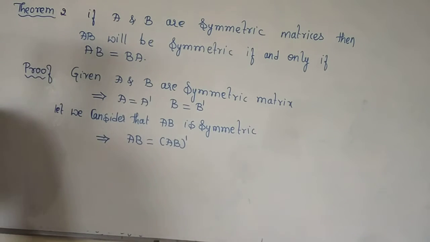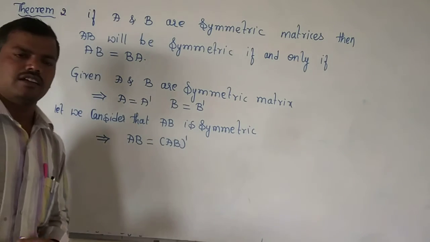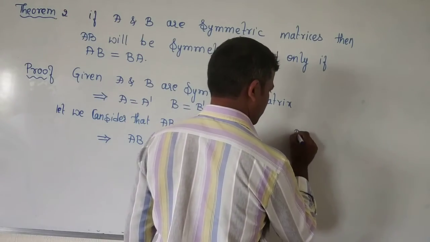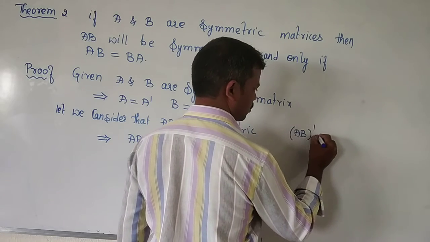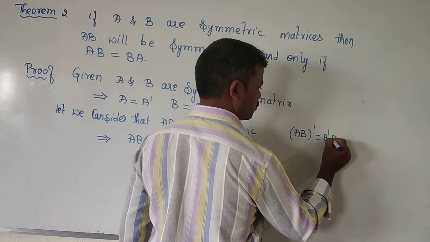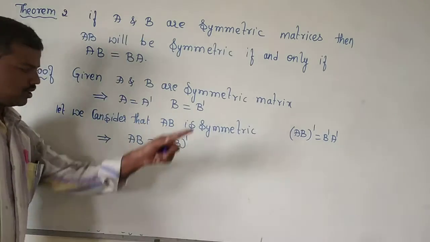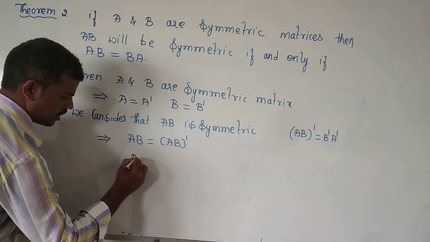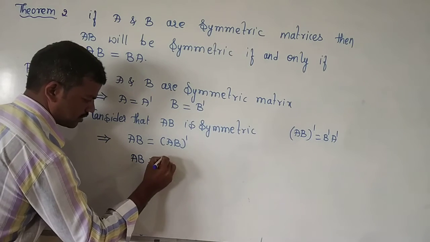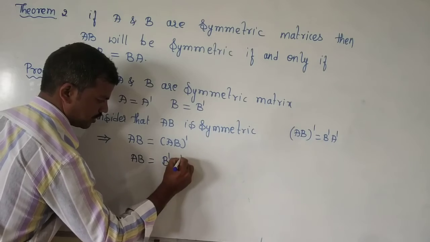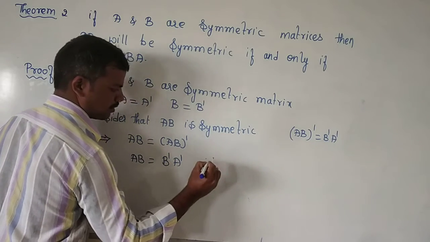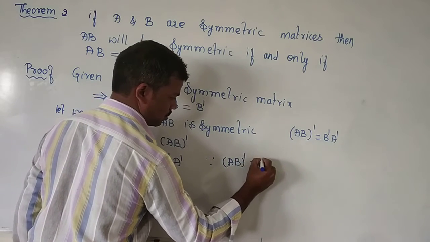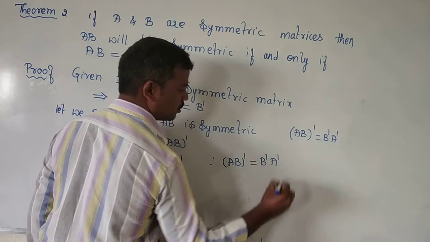Both are equal. We know De Morgan's law: A into B transpose is equal to B transpose into A transpose, that we know from the properties. From that we can write that A into B is equal to B transpose into A transpose, because by the law A into B transpose equal to B transpose into A transpose.